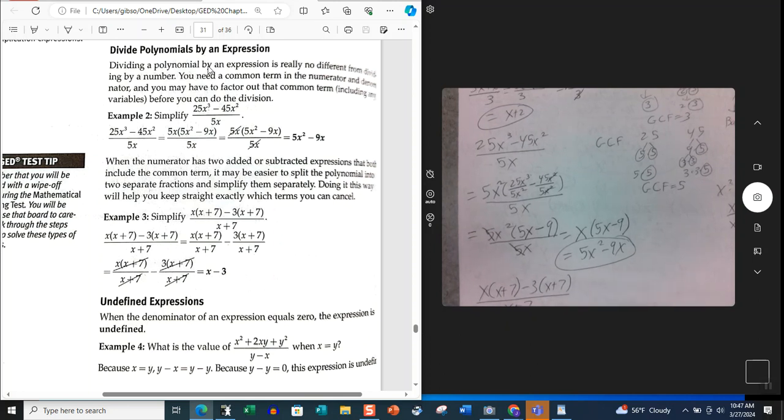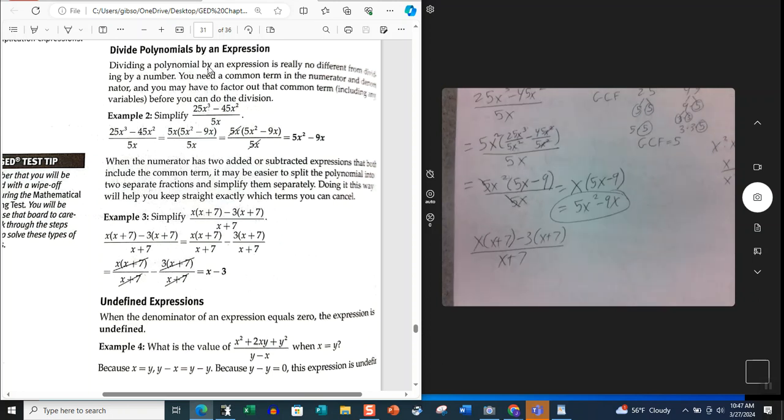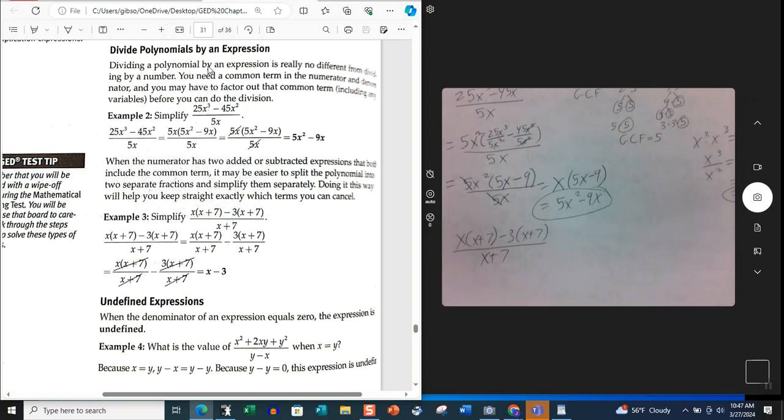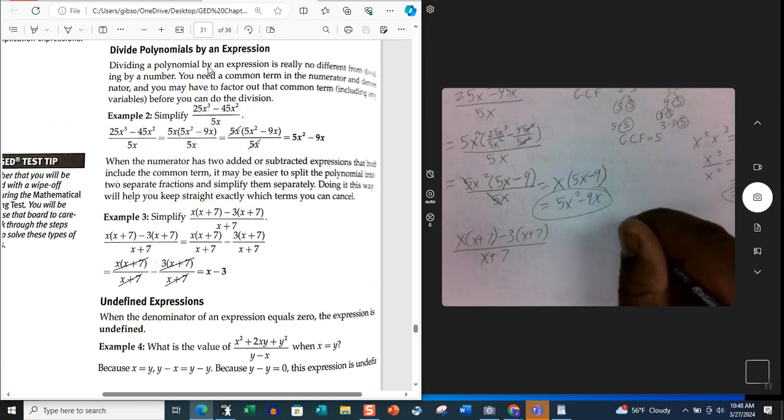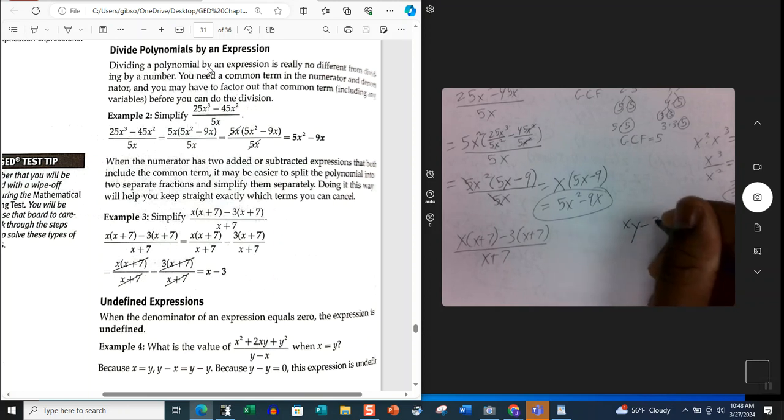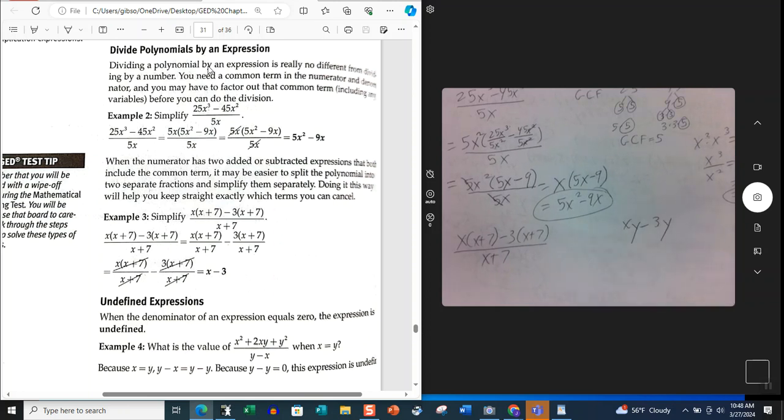Now again, we're going to concentrate on our numerator. Now if you notice here, we had x times x plus 7 minus 3 times x plus 7. I want to show you something before we do this problem. What if I had xy minus 3y all over, let's just say x minus 3.